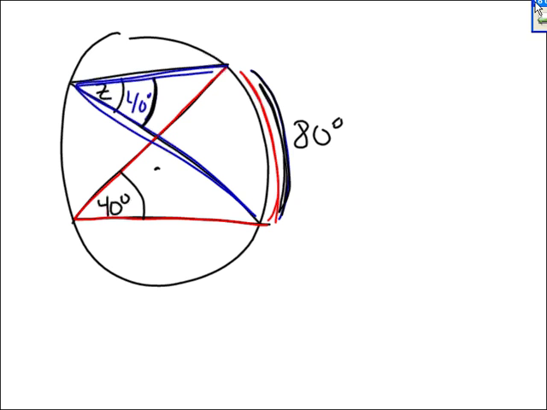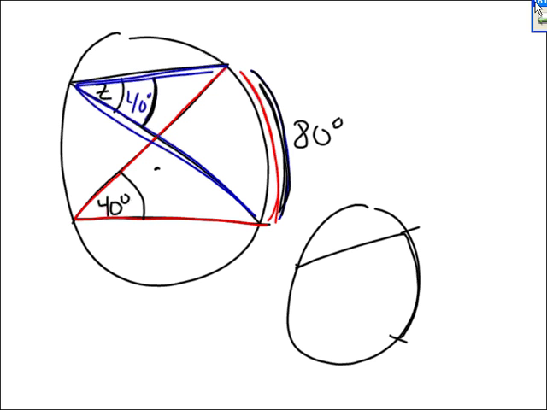So this is pretty neat, what I'm saying. Let's consider this arc here. What I'm saying is this angle and that angle and this angle, they're all the same.